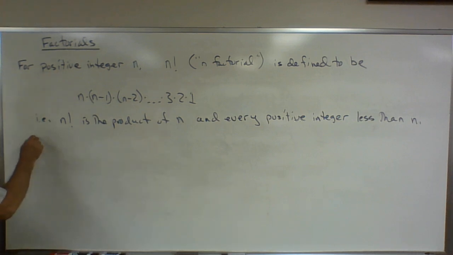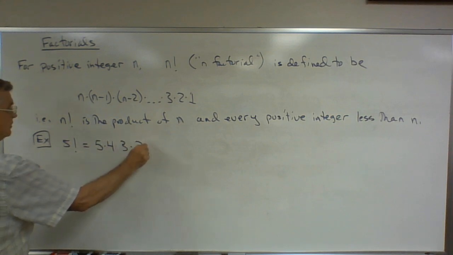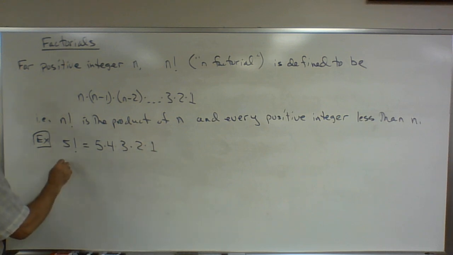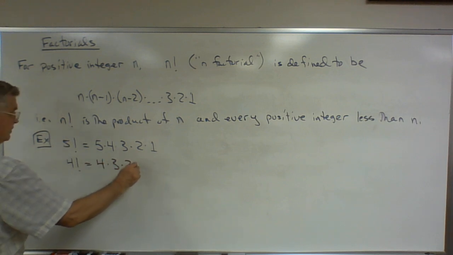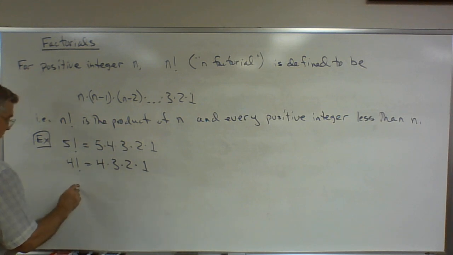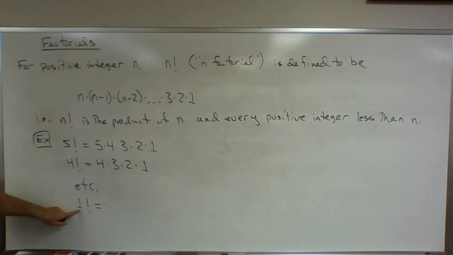And we'll look at a few examples. 5 factorial is 5 times 4 times 3 times 2 times 1. 4 factorial, 4 times 3 times 2 times 1, etc. 1 factorial, well, this is a product of one factor.